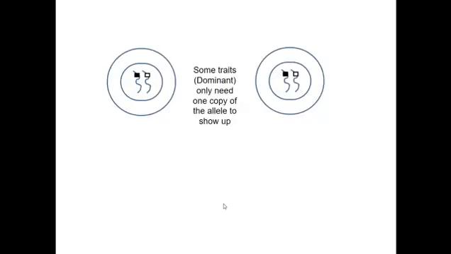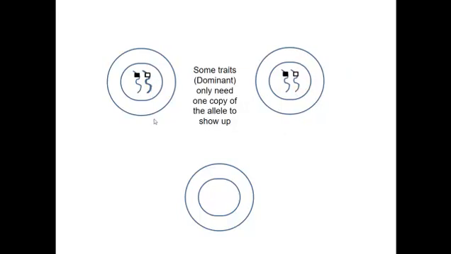All right. Hopefully, when you were building your model, you remembered that some traits, dominant traits, only need 1 copy of the allele to show up. So we could have one parent that looks completely normal, they are not albino, and another parent who looks completely normal, not albino, but both of them have the non-functional allele.